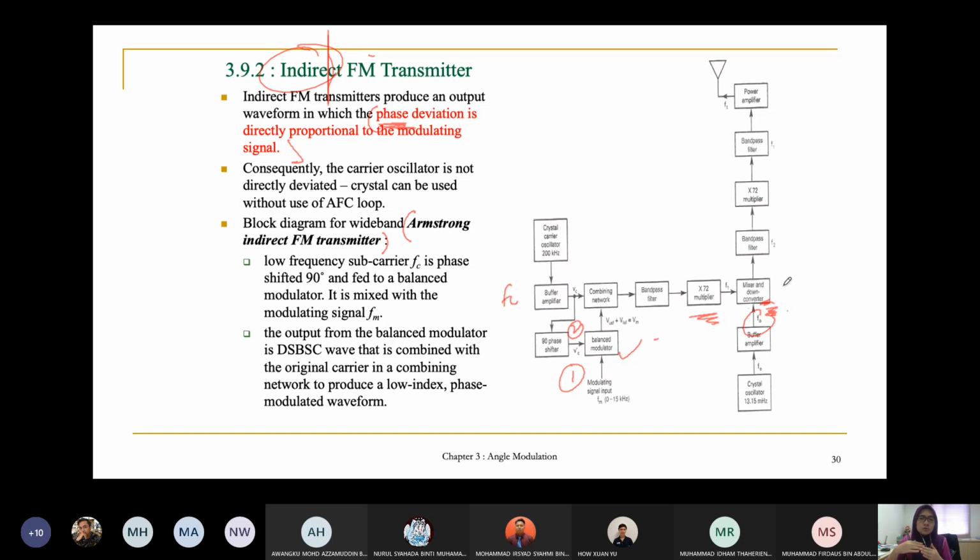Therefore, you need to subtract the frequency, this F1, minus the frequency F0 that is generated by the crystal oscillator. Then the output goes to the bandpass filter, and then you have the multiplication process again, multiply with 72. Then bandpass filter, power amplifier, and only then it will go to the antenna, sent to the receiver.